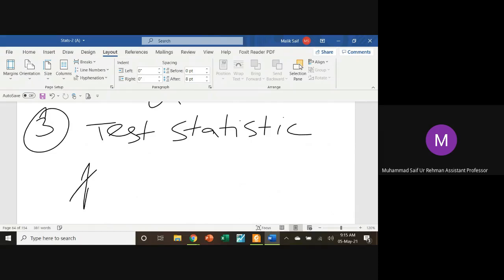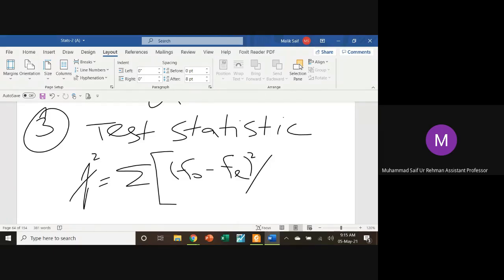The formula was chi-square equals summation of (f observed minus f expected) squared, divided by expected frequencies. This is the formula.